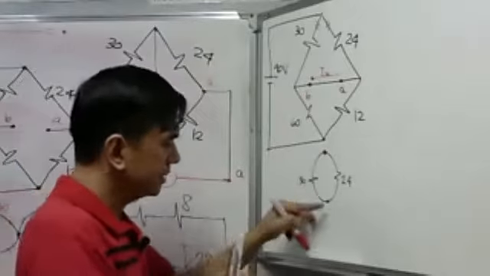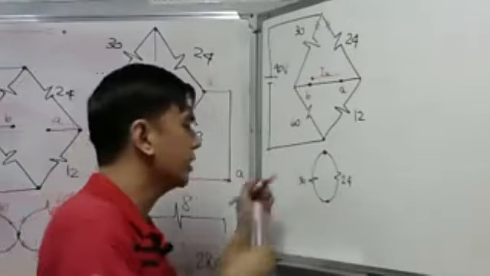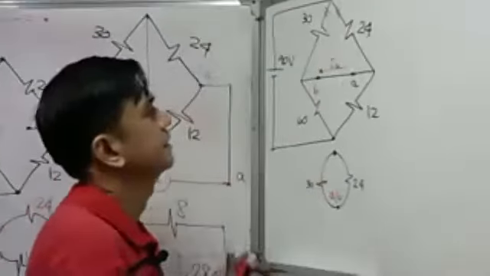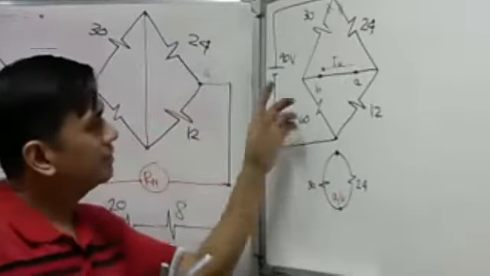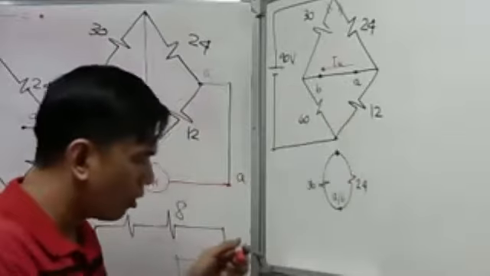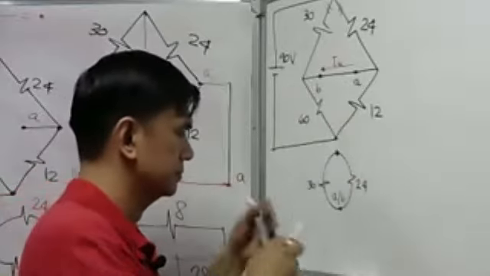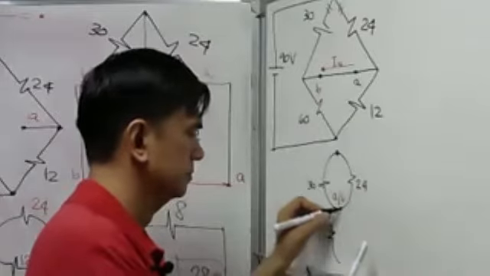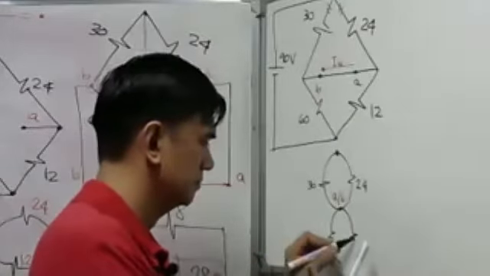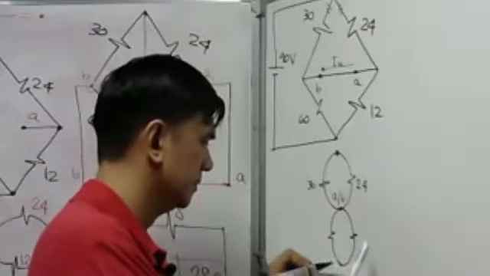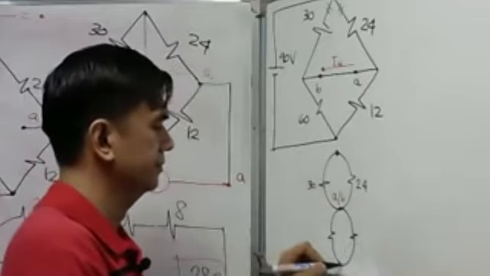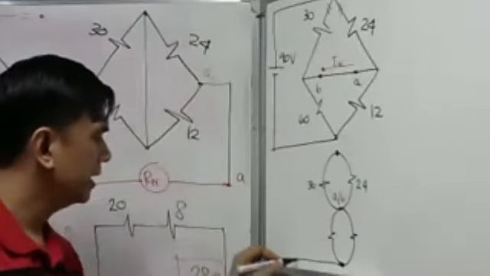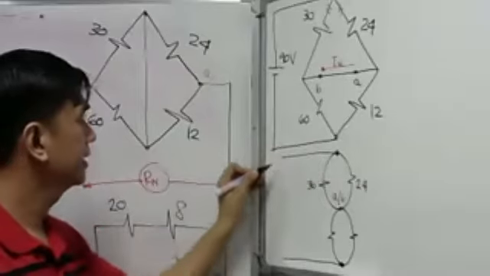This point is simply our point A and B. The 60 ohm will become in parallel with the 12 ohm resistor. Then this node is this node. I will have it like this one.